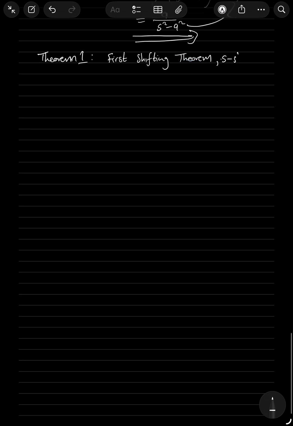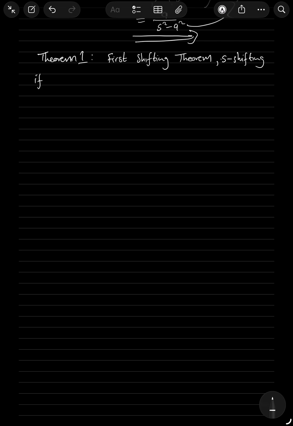S shifting, or you can call it the F shifting theorem. So it simply states that if f of t has a transform F of s, capital letter F of s, then e to the power a t times the f of t function has the transform F of s minus a. So let me write it.